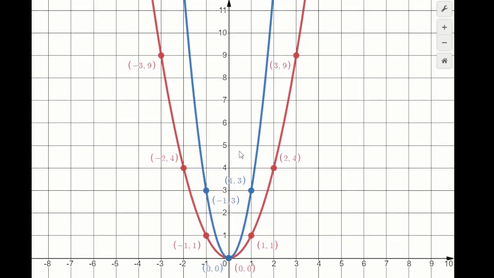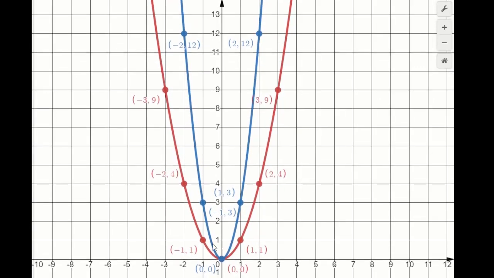But what about when x equals -2? When x equals -2, our point on the parent function has a y value of 4. But on the descendant function, on the same grid line for x equals -2, it's 12.